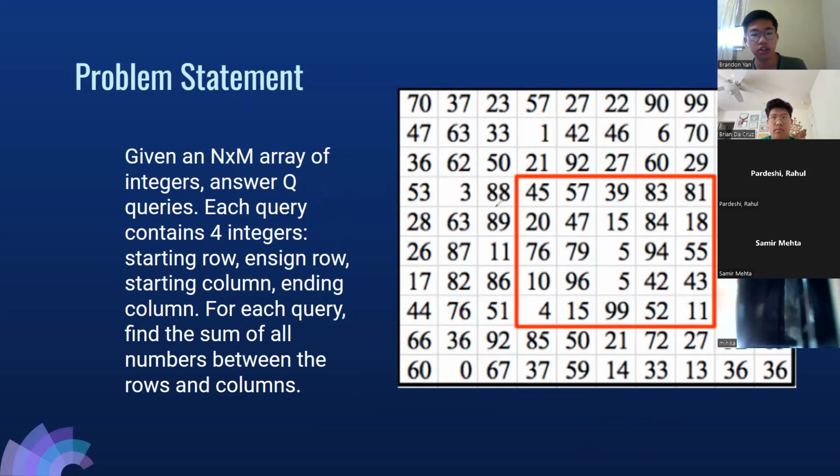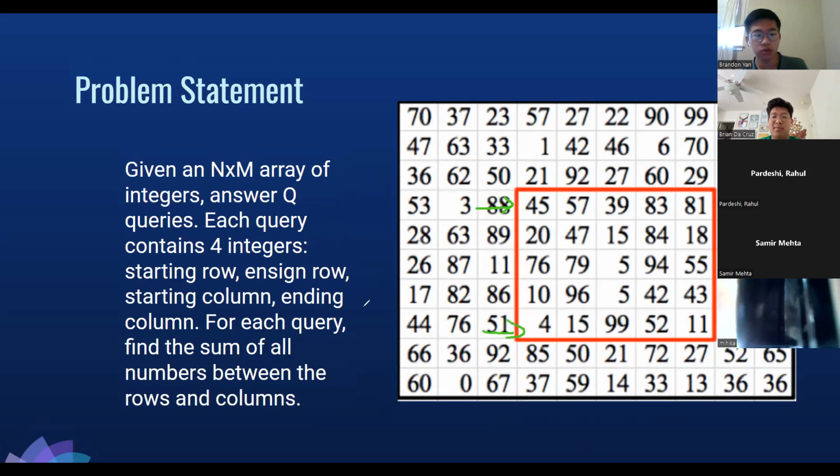Each query contains 4 integers: the starting row, the ending row, the starting column, and the ending column. So we're given these values, and given these values, we want to sum all the numbers inside this range.